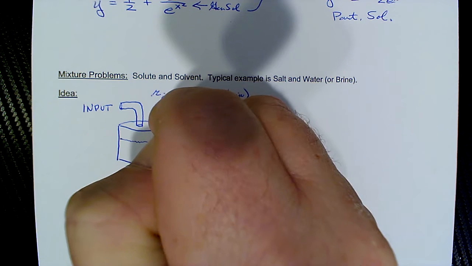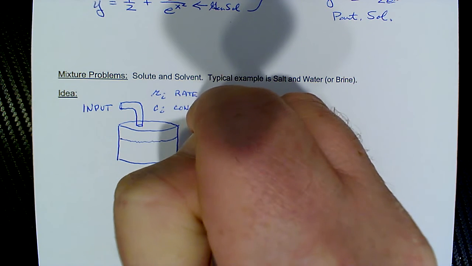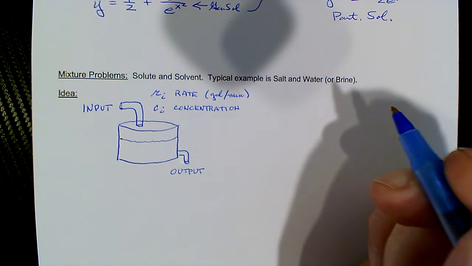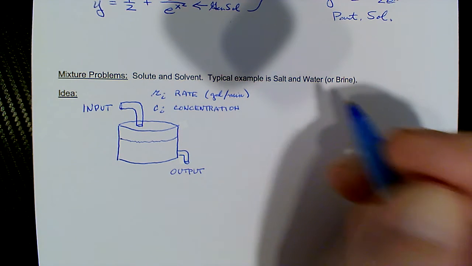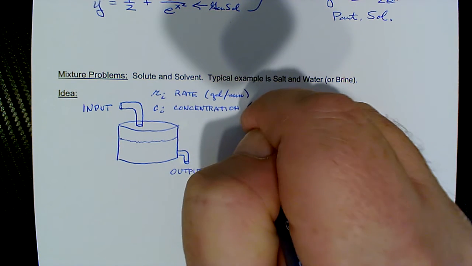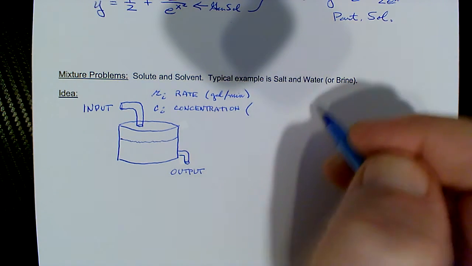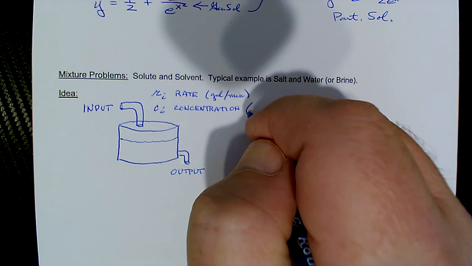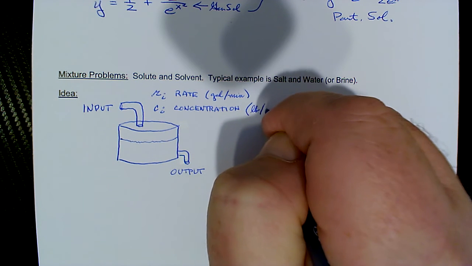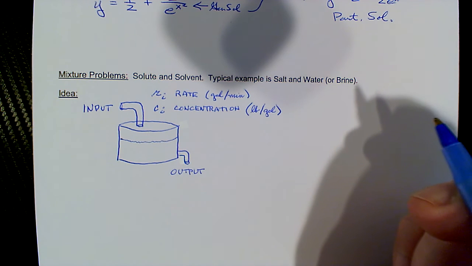We'll call it C sub I. So either it's pure water and concentration would be 0, or maybe there's an amount of solute with the solvent, or salt with the water. Let's go with salt with the water, it makes it easier to talk about it. And let's say there's so many pounds per gallon. Okay, so that's going to be our input.